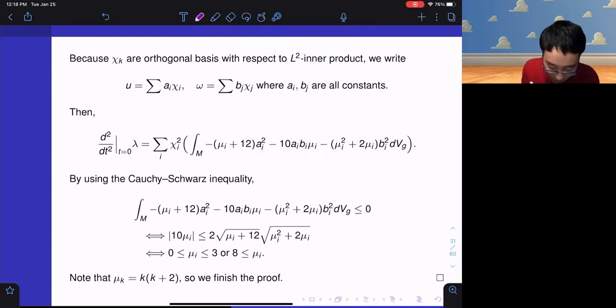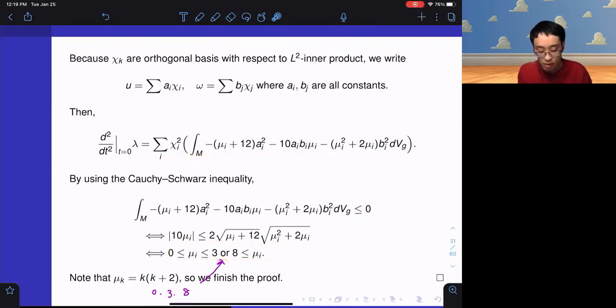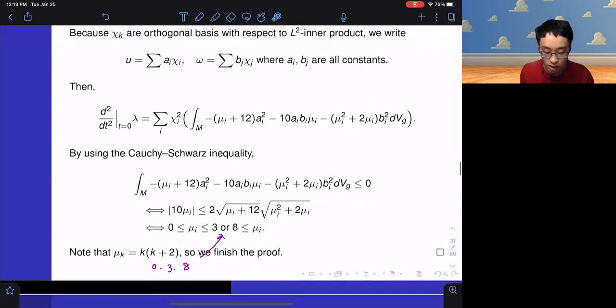So the critical points: if k is 0, it is 0; if k is 1, it is 3; and k is 2, it is 8. So exactly, they satisfy the condition here. Therefore, we can show that this is non-positive. And actually, you will find the kernel of the variation in terms of here, because you can see that chi1 and chi2 will match the critical point.